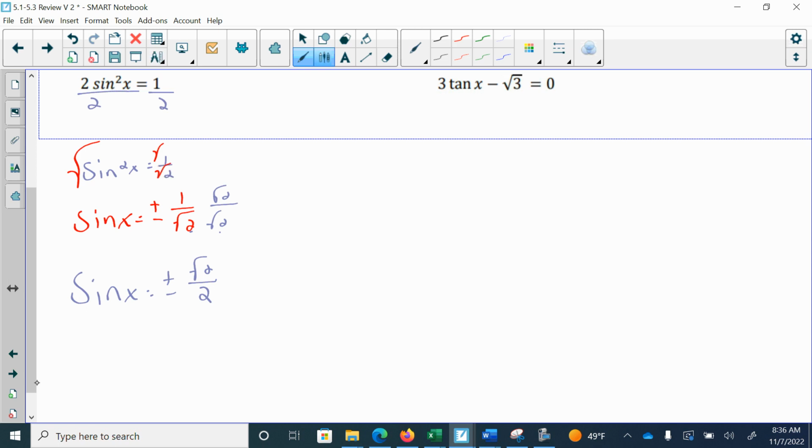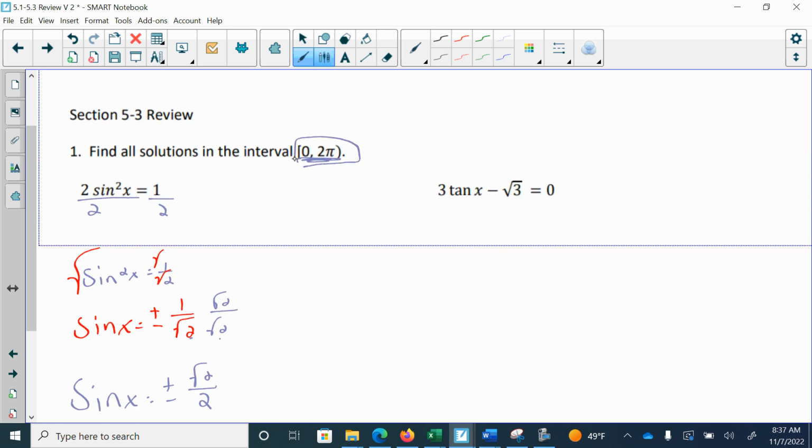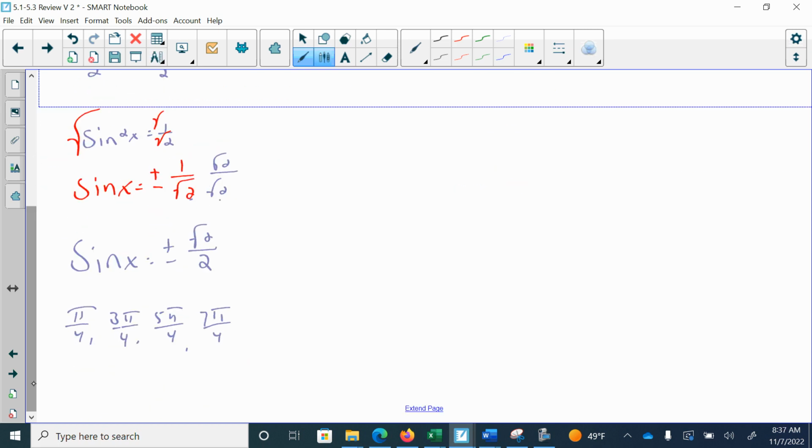So my answer is going to be pi over 4, 3 pi over 4, 5 pi over 4, and 7 pi over 4. And since it's in the interval of 0 to 2 pi, that's it. That's done. I'm not going to add anything else.